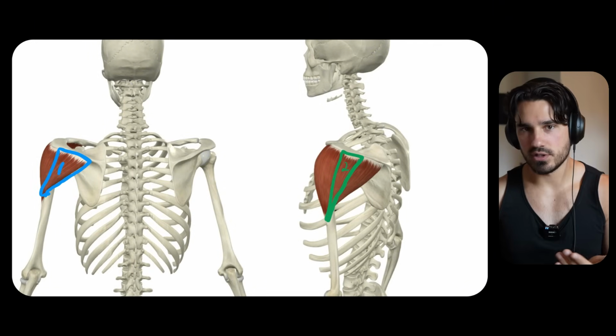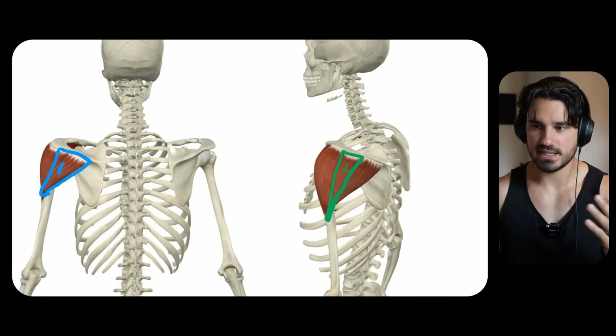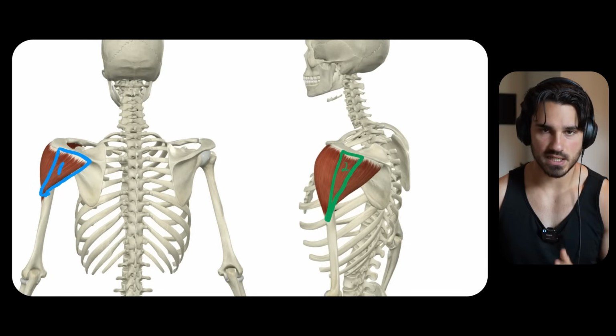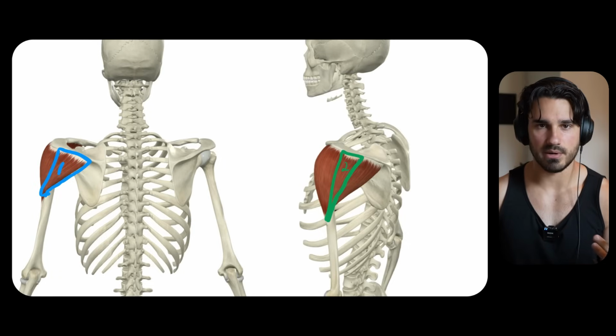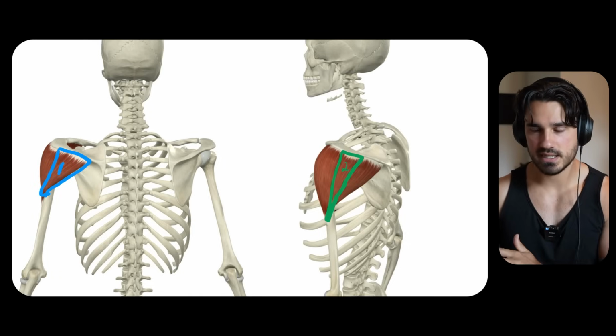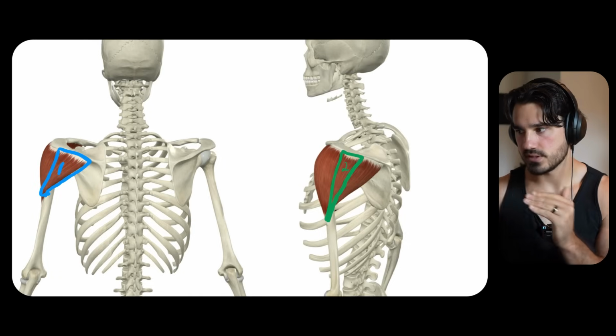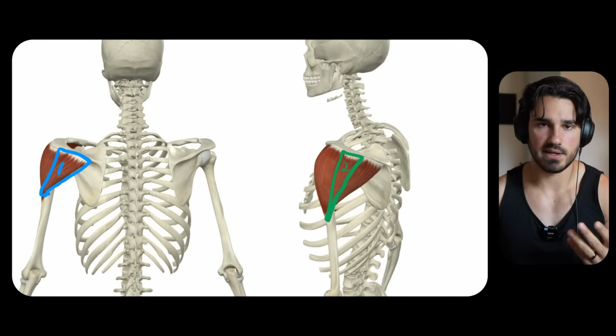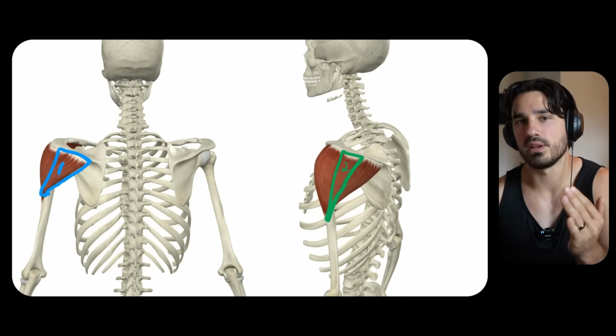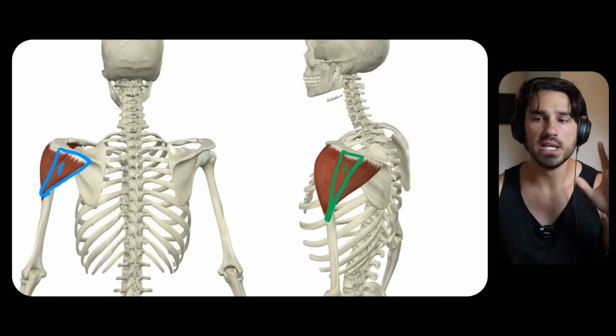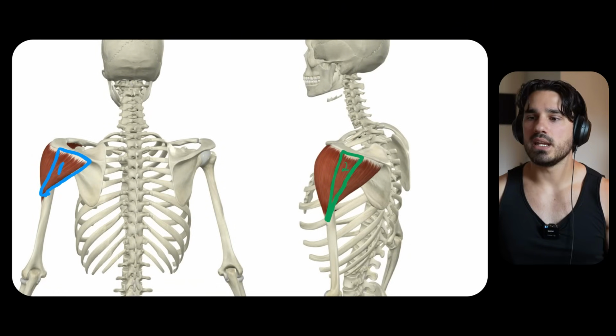I may also refer to it, just casually speaking, as the back side of the rear delt and the front side of the rear delt. I think that's probably the one that I'll stick with the most, is back side referring to this number one, front side referring to this number two. Even though it's not on the front, I think you get what I mean. It is more on the front, it's kind of on the side. Okay, cool. So what does this really mean in terms of training?